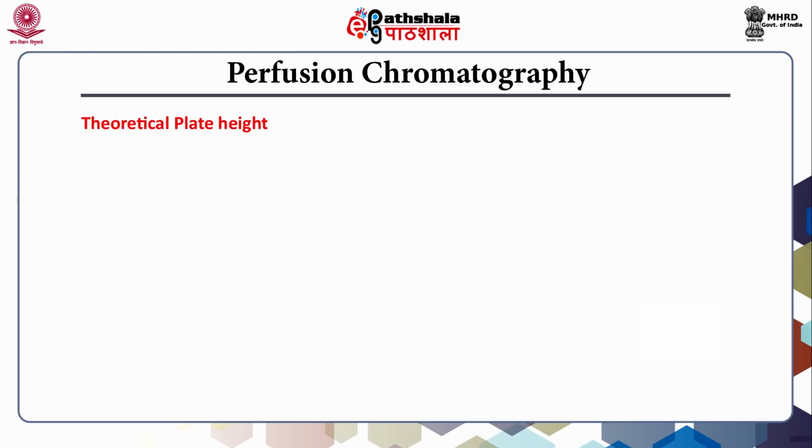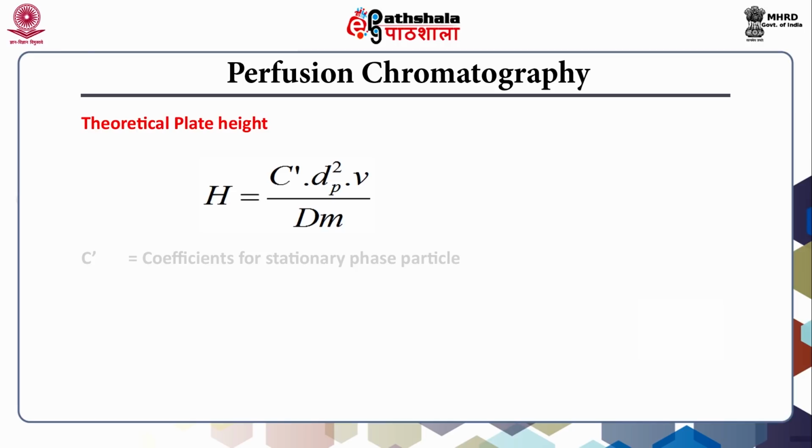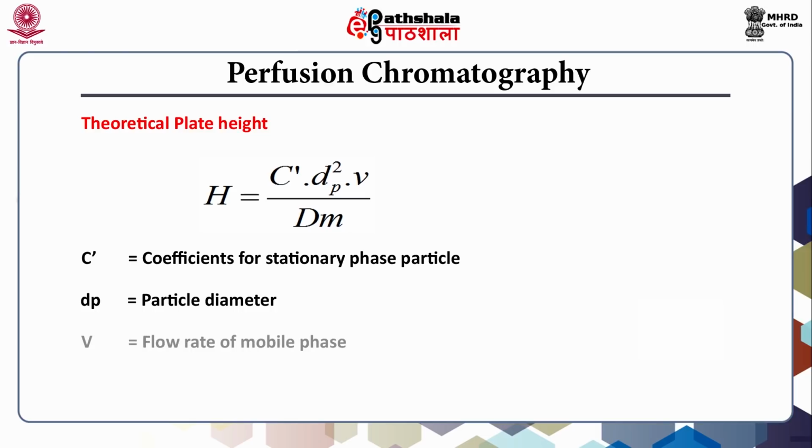In this mathematical expression, H equals C prime multiplied by dP square, multiplied by the flow rate of the mobile phase and divided by the diffusion coefficient of the mobile phase. C prime is the coefficient of the stationary phase particles, and dP is the particle diameter.